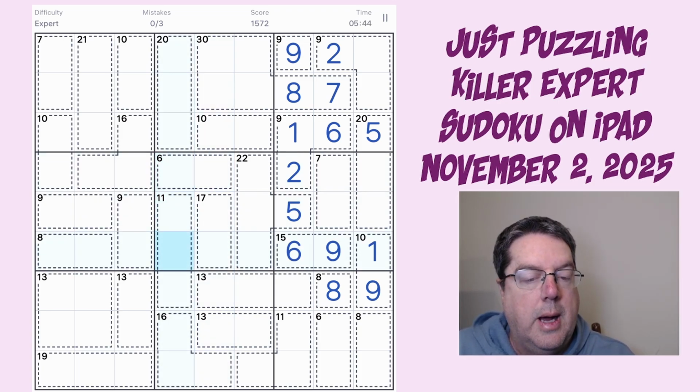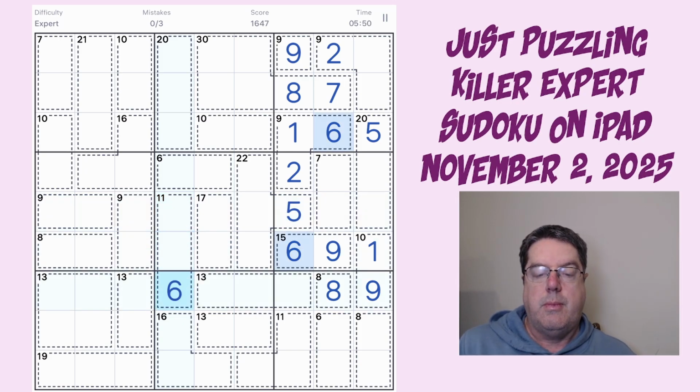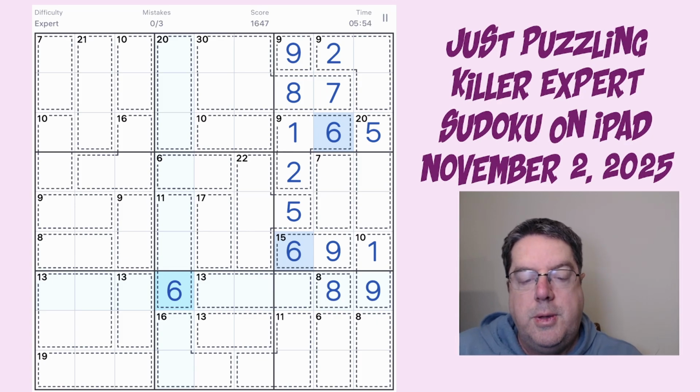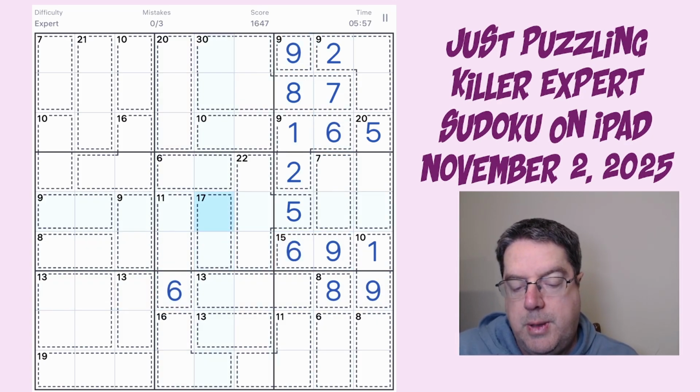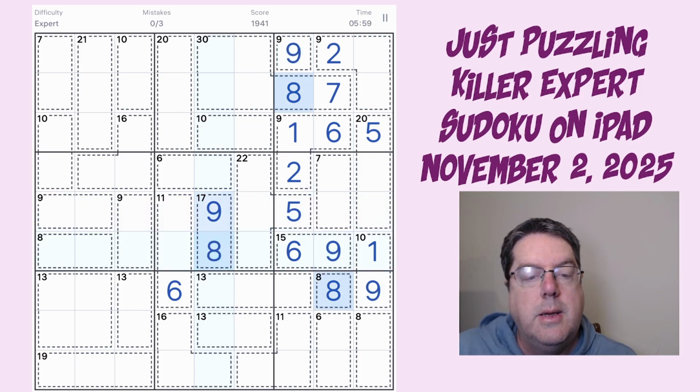To get to 45, that's got to be a 5, which means this has to be a 6. Alright. Remember, this is 8 and 9, because there's 9 here, this is going to be the 9, leaving this to be the 8. 9 can't be here, because that'd be 9 and 1, and there's a 1 there, so 9 is one of these two. This is 1 and 5.